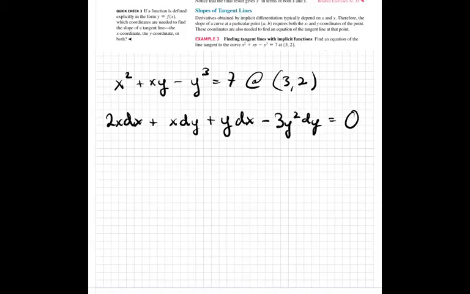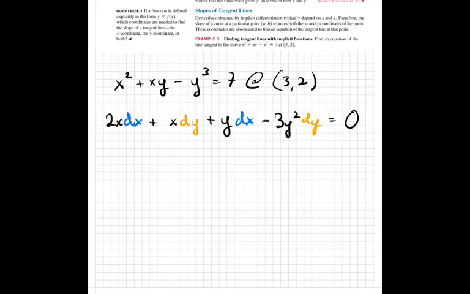So now let's get all our dy's on the left, dx's on the right. Here's one dy, and here's another dy. And we have a dx here and a dx here. Okay.